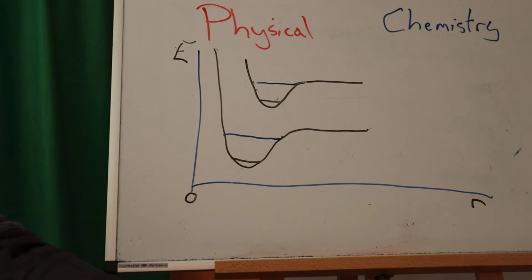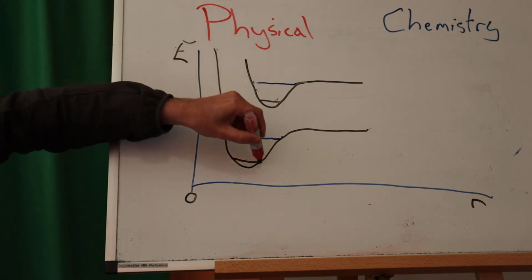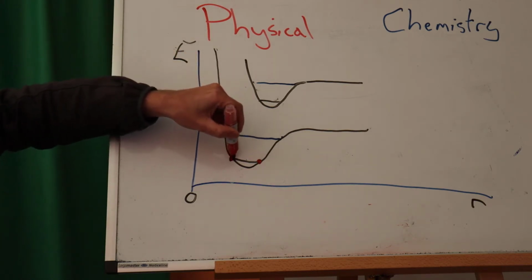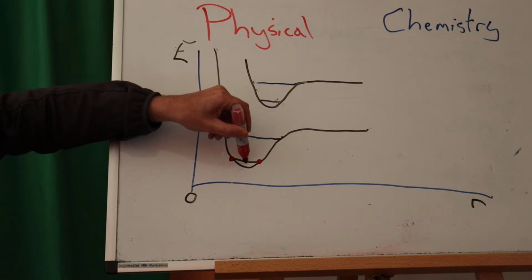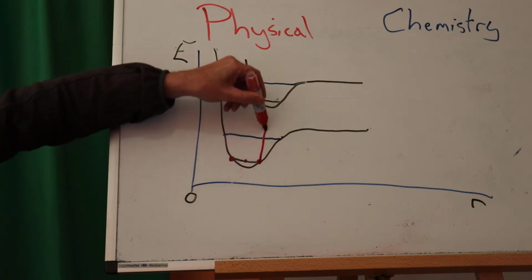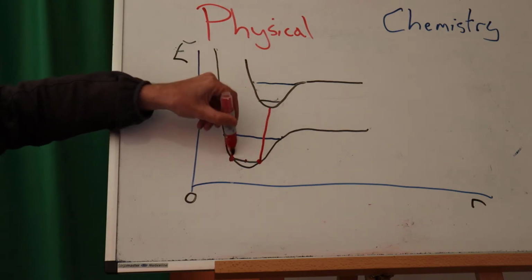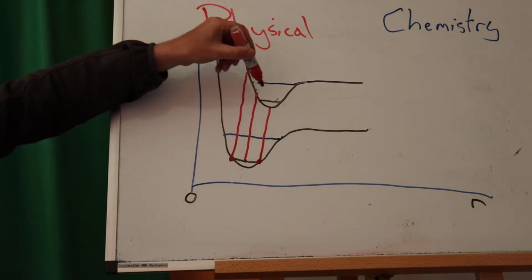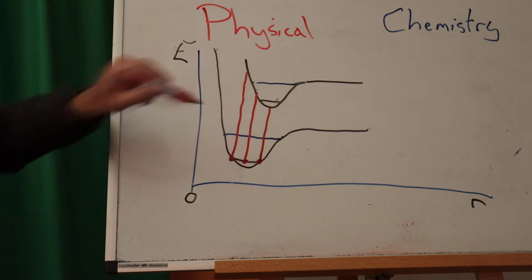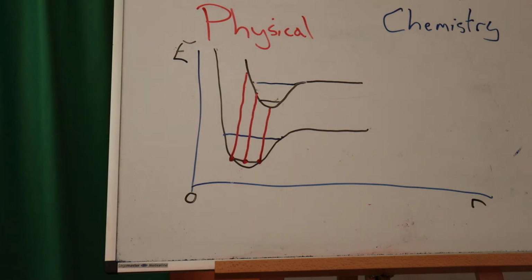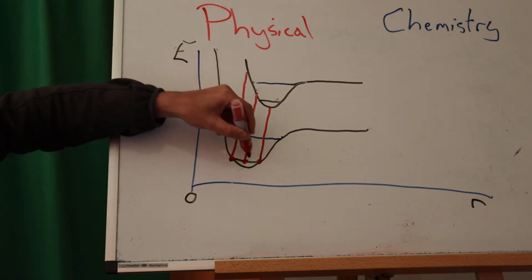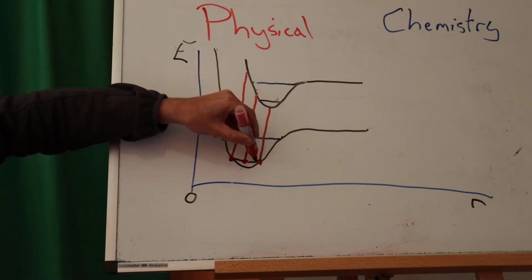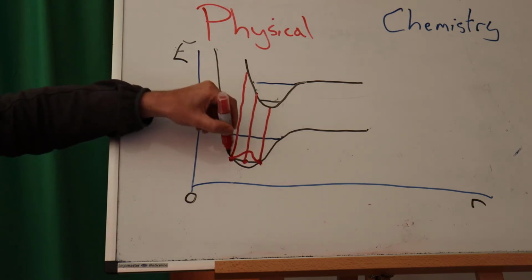What's very important about this, let's change colour, is that if we excite our molecule from somewhere in between, let's draw 3 lines up, we may not be able to get to the ground state. So if we have this molecule in the middle, it's vibrating between one end and the other, and it spends most of the time in the middle, like this.